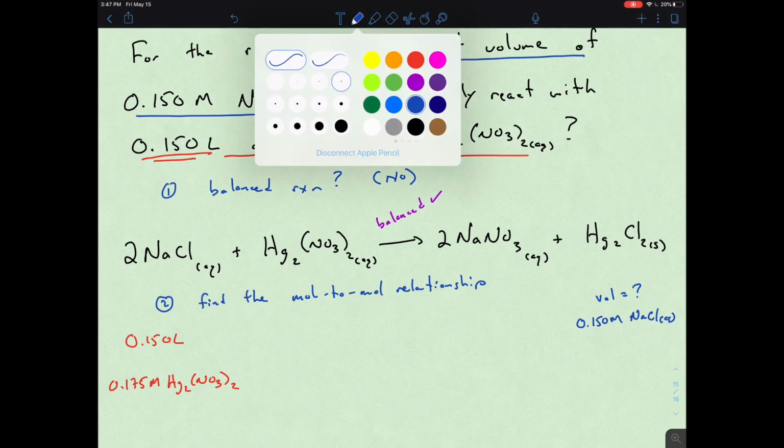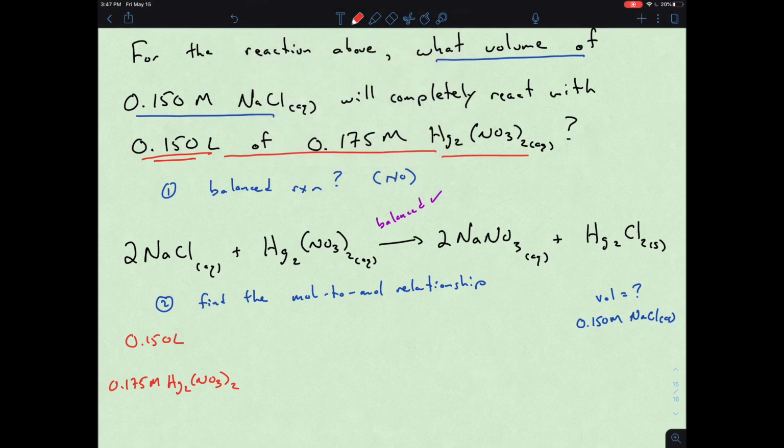And so that means we could start with the mercurous nitrate, simply by using our moles per liter that we have below.